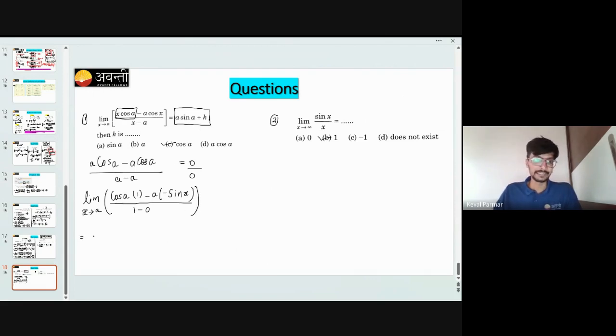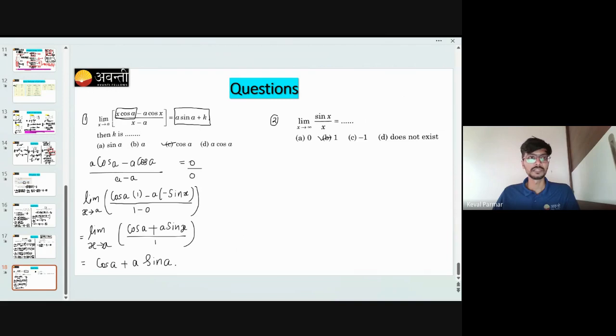So I will get cos a as the limit as x tends to a, cos a plus a sin a upon 1. As you can see, it is not an indeterminate form, so we can substitute x equal to a. So I will get cos a plus a sin a.